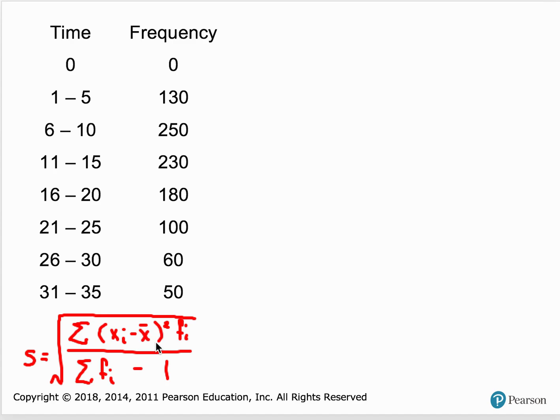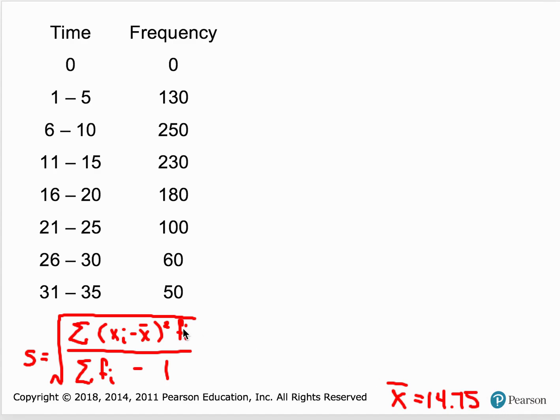Okay, so that means I need x bar, and we just did x bar. Let me see if it should still be on my calculator. 14.7. Oh, I wrote it over there. Yay. X bar is 14.75, right?